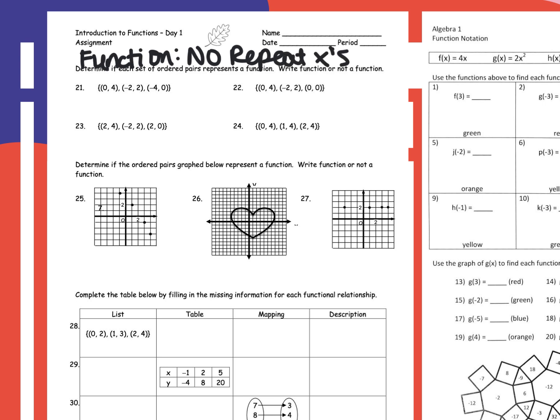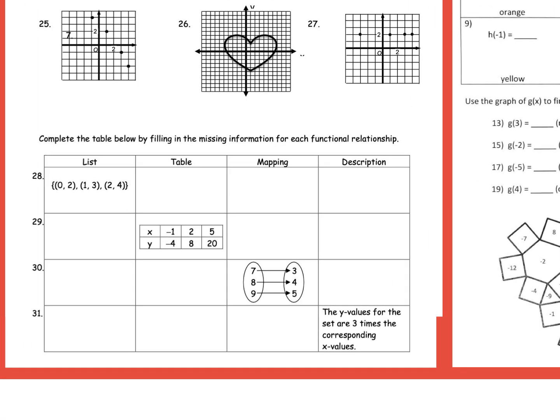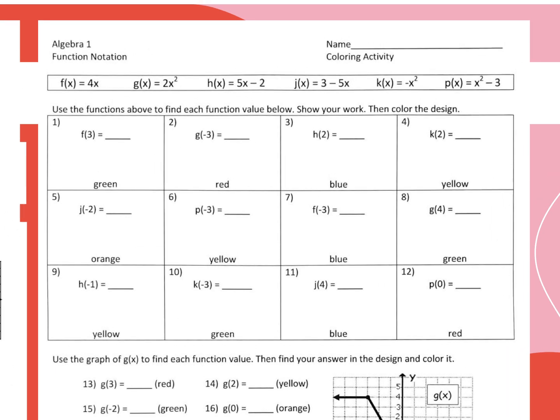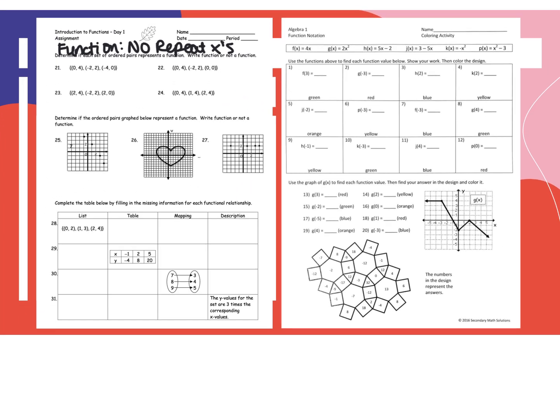You also have some graphs on there. Down here, they want you to create the 3 different representations from your notes on Friday. And then here, you're going to plug it in, and you can color down here if you like. 13 to 20, you're using the graph.